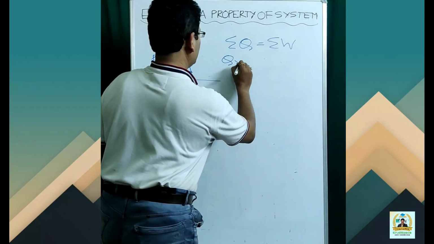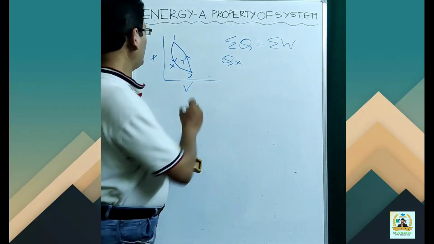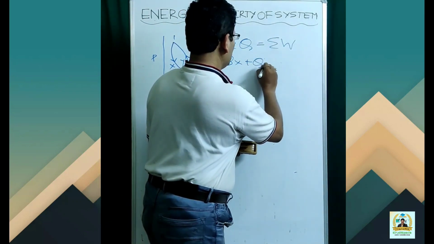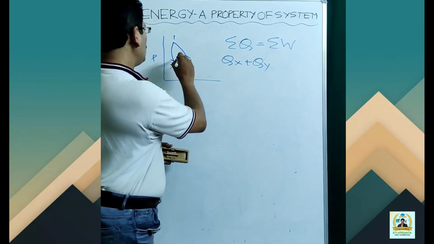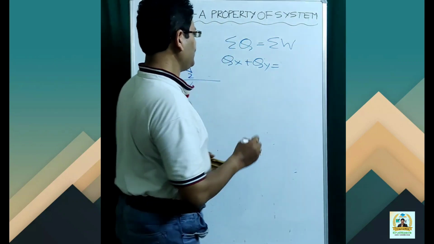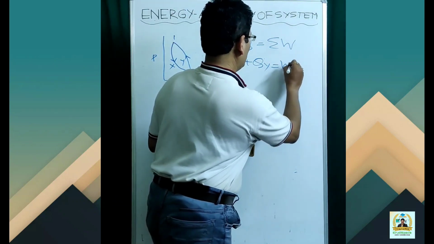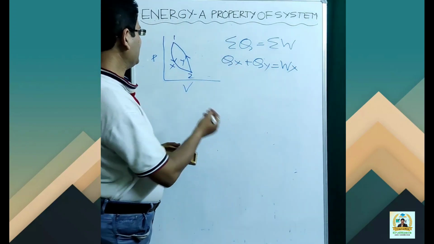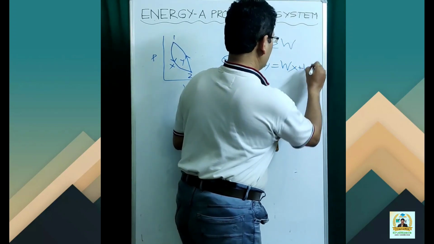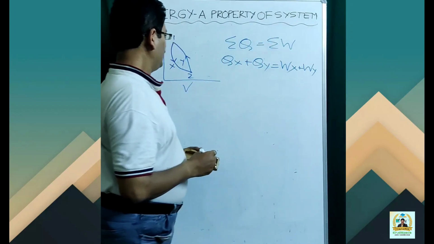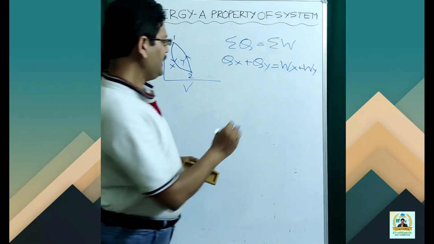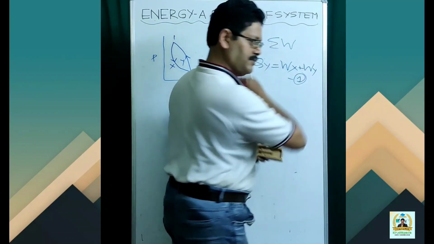You may consider Qx for 1x2 and Qy for 2y1. Similarly, for work transfer, you may consider Wx representing the work transfer for 1x2 and Wy for 2y1. Let it be equation 1.